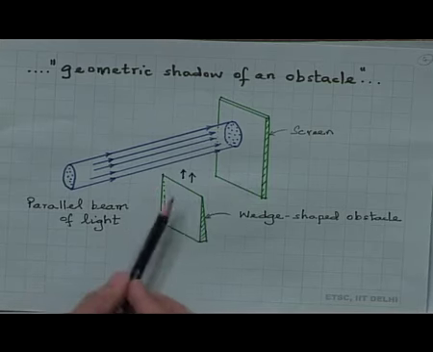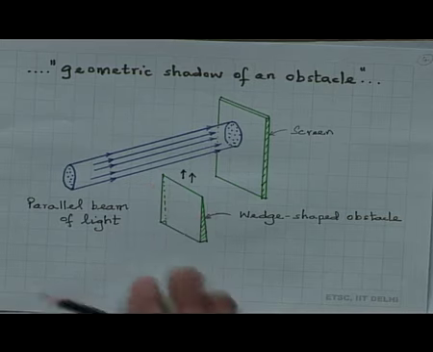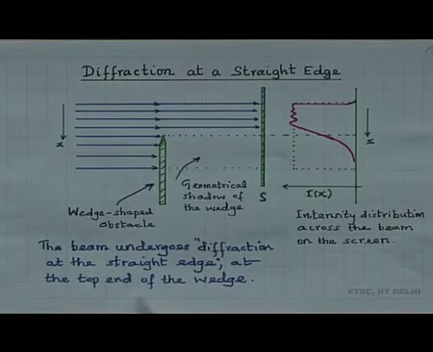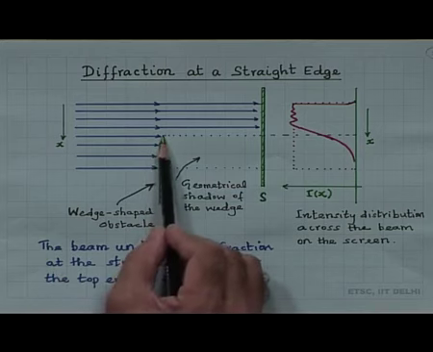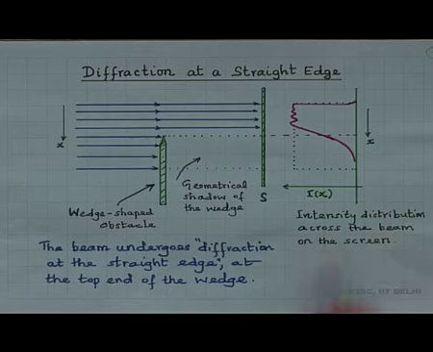It need not have a straight edge, but we have considered a straight edge for simplicity, and therefore, the beam undergoes diffraction at the straight edge at the top end of the wedge. I hope I have explained the figure here. So, the intensity distribution across the beam on the screen.